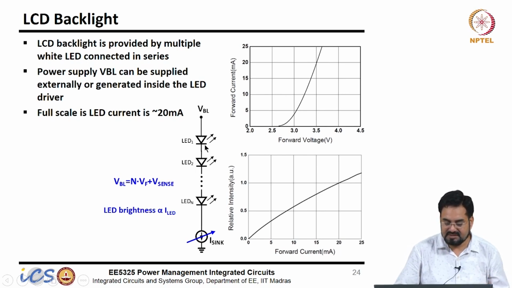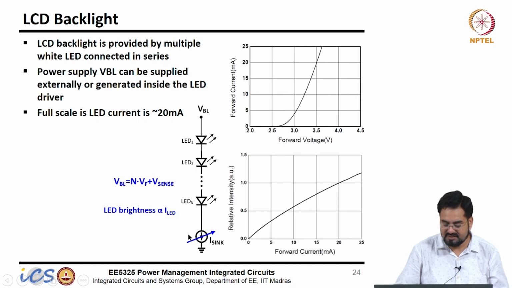Most of these LEDs which are used for backlight have a full scale current of 20 milliamp or so. Now, let us say we have a current sink, and we have n number of LEDs connected in series. So, the total backlight voltage which is required here, on the top of this first LED, will be n times the forward voltage of each LED plus V-sense.